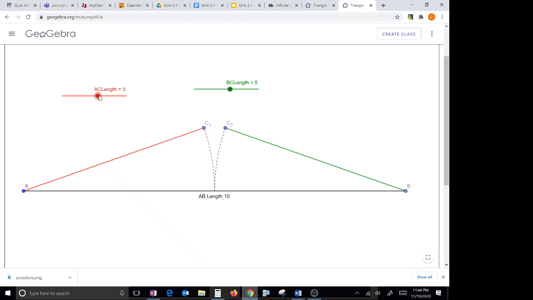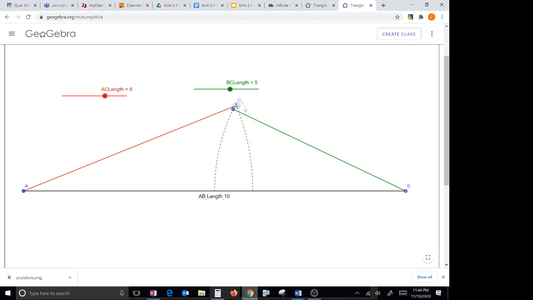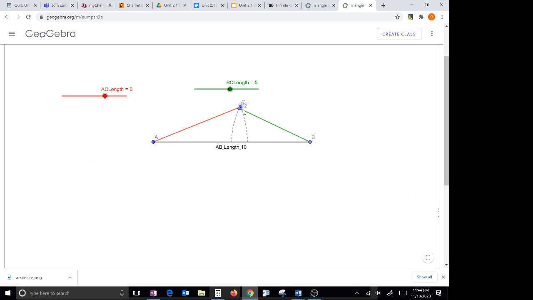So the only way this is going to work is I've got to make one of these even bigger. I've got to make this one bigger, in which case we can actually line these up, and you can see where these arcs will cross, so they will make a triangle.